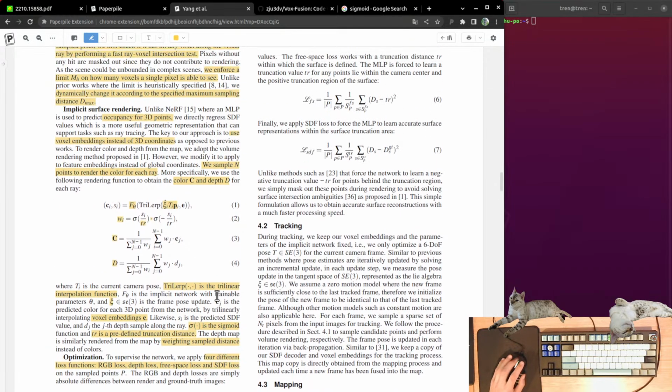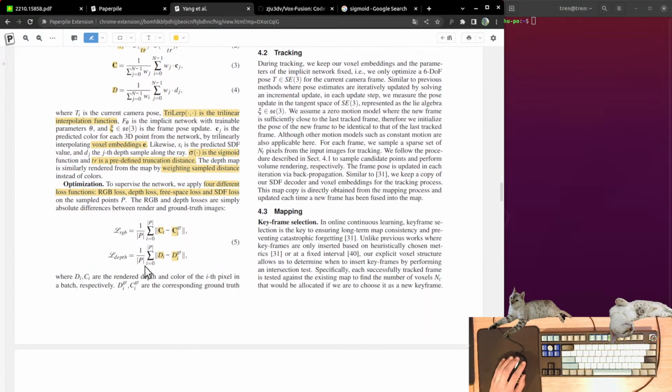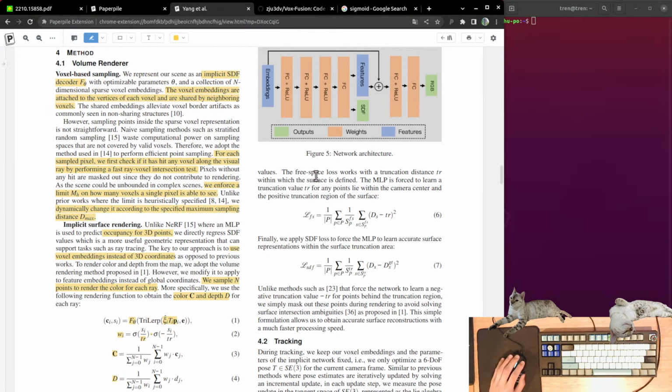We'll see how they combine these loss functions, but I think the depth might be more important than the color. The ith pixel. The free space loss works with a truncation distance TR within which the surface is defined.